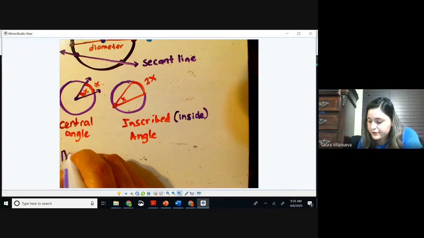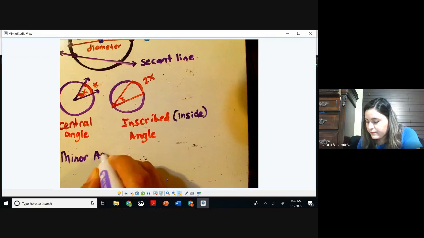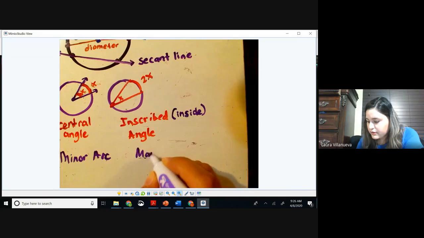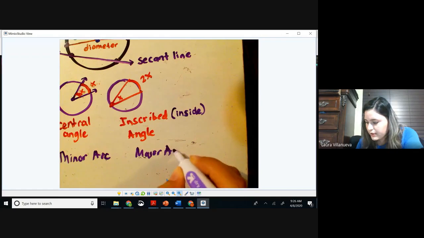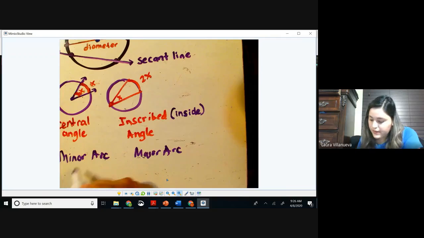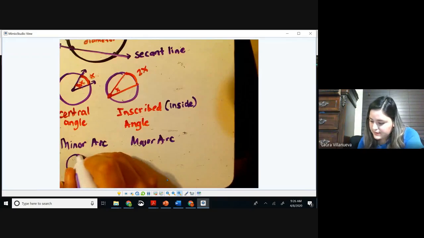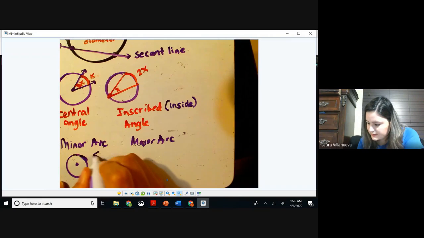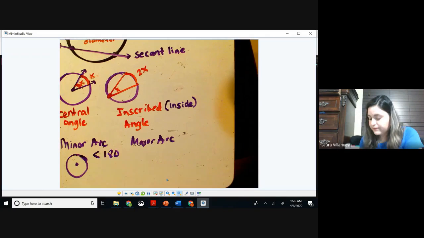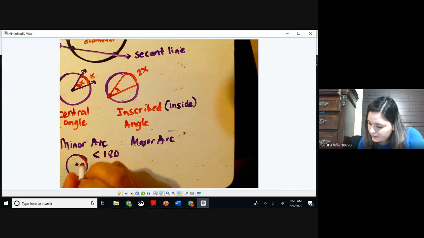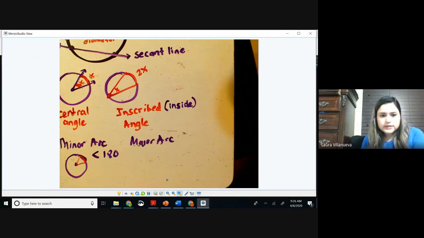So then we have the minor arc, and then we have the major arc. We went over this already. If you have a minor arc, that means that your arc is less than 180. This little area is less than 180.